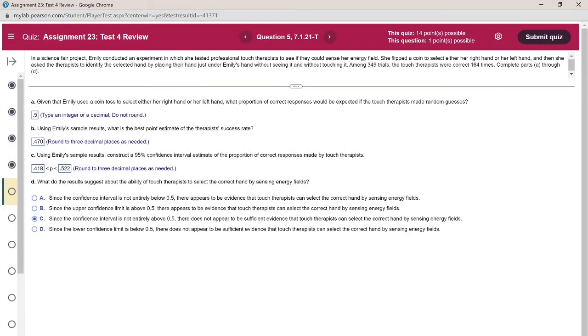So it's not entirely above 0.5, so there is not sufficient evidence that touch therapists can select the correct hand by sensing the energy field. Okay, so that's the right answer. Let's go to the next problem.